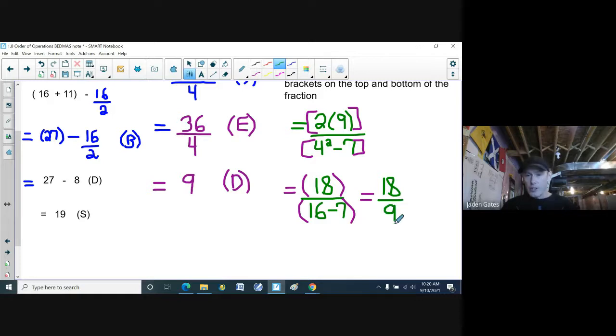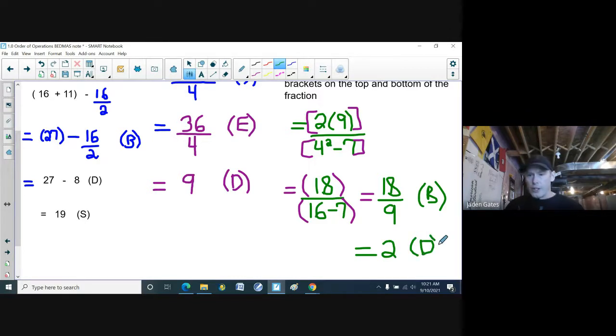Guess I subconsciously knew that. There we go. So now that I figured out the top of the fraction and the bottom of the fraction, basically I did all the brackets. Whew. And then finally, like I said before, a fraction is a divided by question. It's not done yet. I take my 18, I divide it by 9, and I get 2.